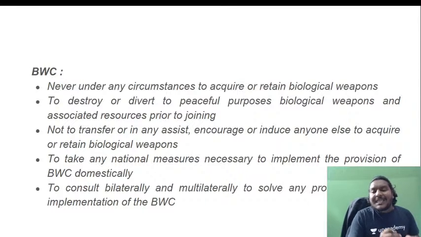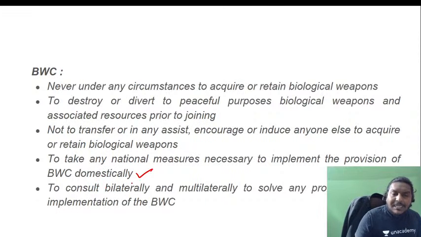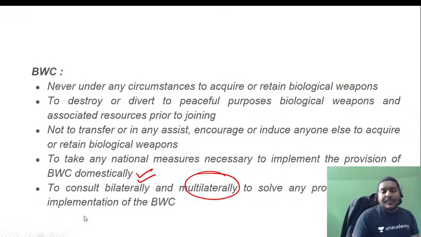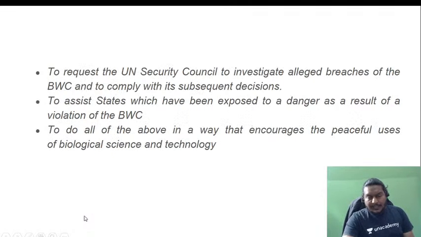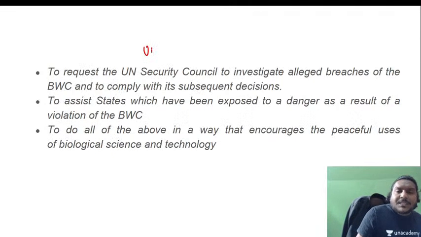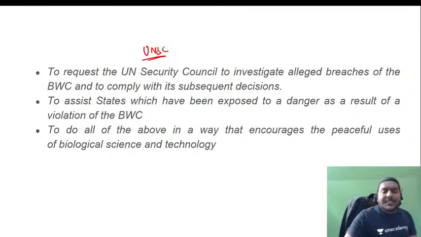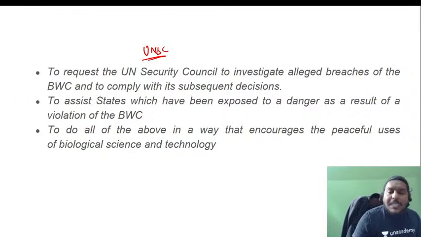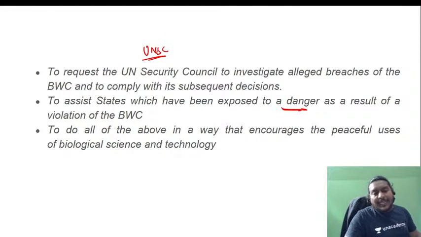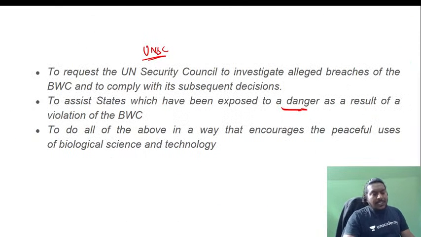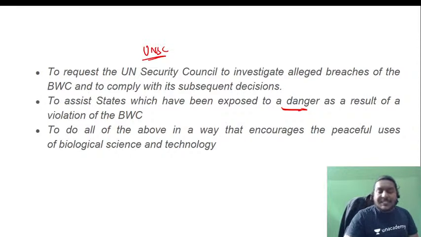All measures are supposed to be taken to implement the provisions of the Biological Weapons Convention domestically, and they will consult bilaterally and multilaterally to solve any problems with respect to that. They would request the United Nations Security Council to look into breaches if anyone is committing them. They will also help countries facing the danger of such weapons, and ultimately the peaceful use of biology has to be promoted. So this is about the Biological Weapons Convention.